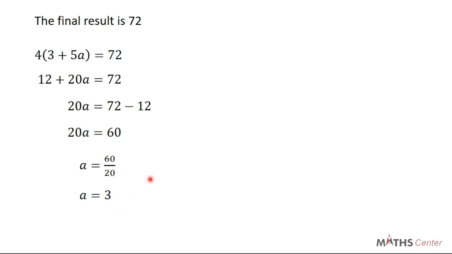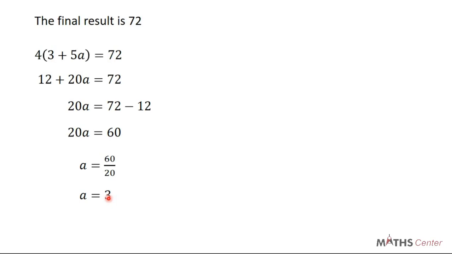So 3 is added to 5 times a certain number. 5 times 3 will give us 15. So 3 is added to 15. That will be 18. Now it says that the result is multiplied by 4, which means that you're multiplying 18 by 4.